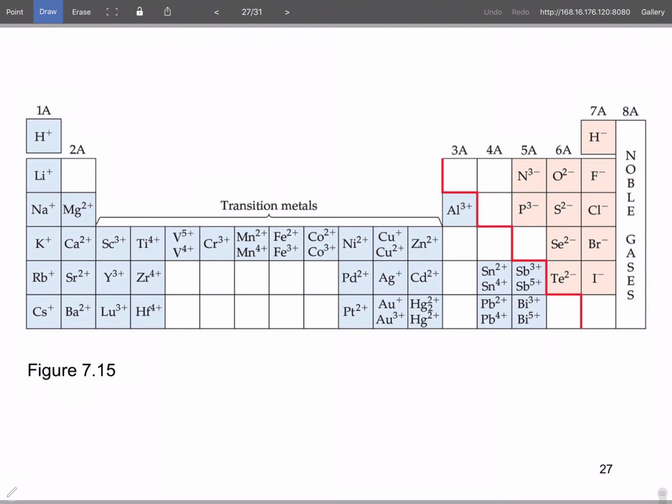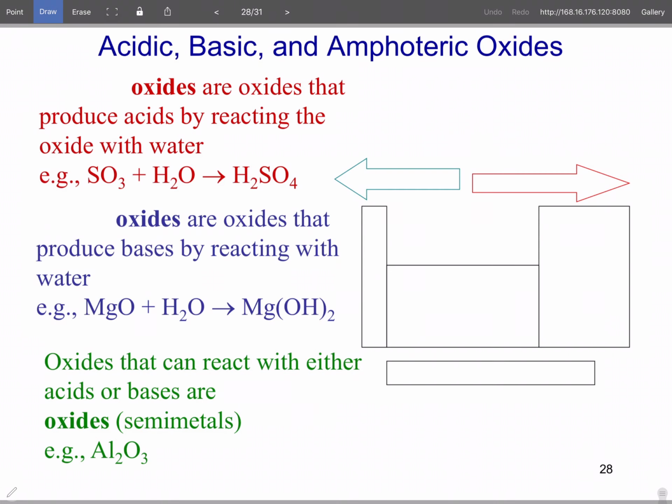Again, they're showing you the oxidation numbers. Notice that in here they tend to be variable more often than not. One other thing we have to look at is when you mix the oxides with water, what do you get? Well, metal oxides tend to be basic.